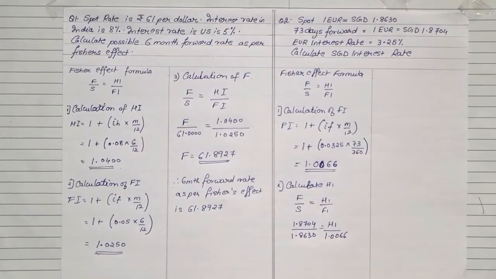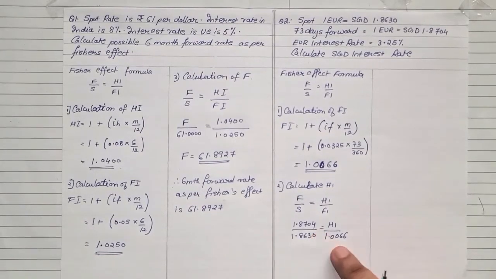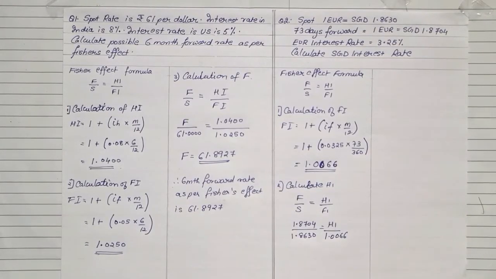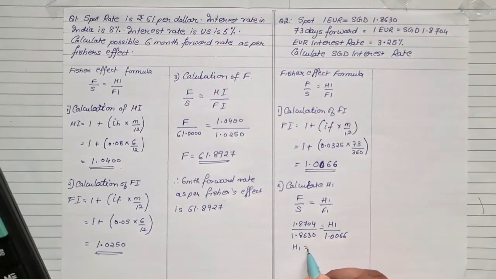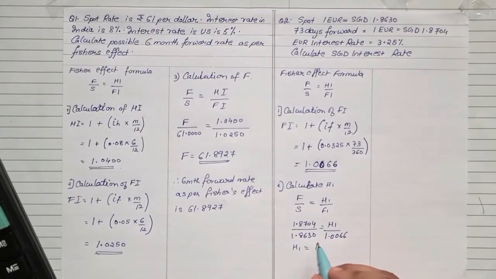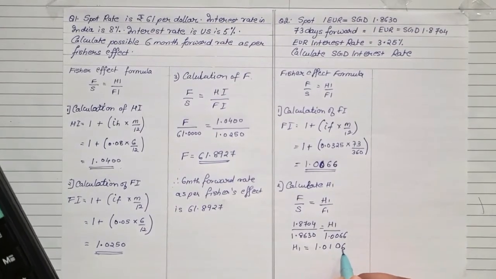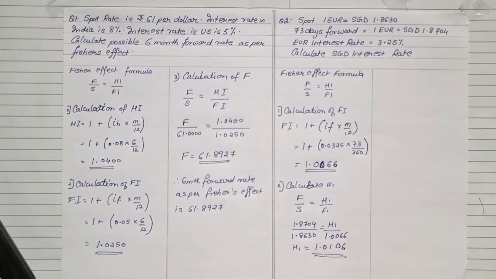So we will cross multiply it: 1.8704 into 1.0066 divided by 1.8630. So we should get the value of HI as 1.0106. Okay, that is the value of HI.